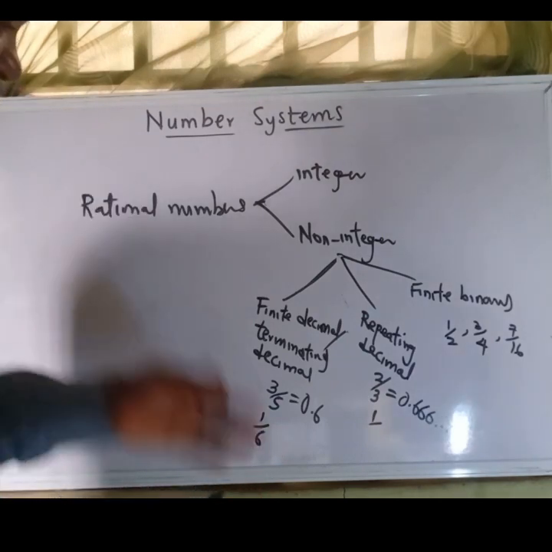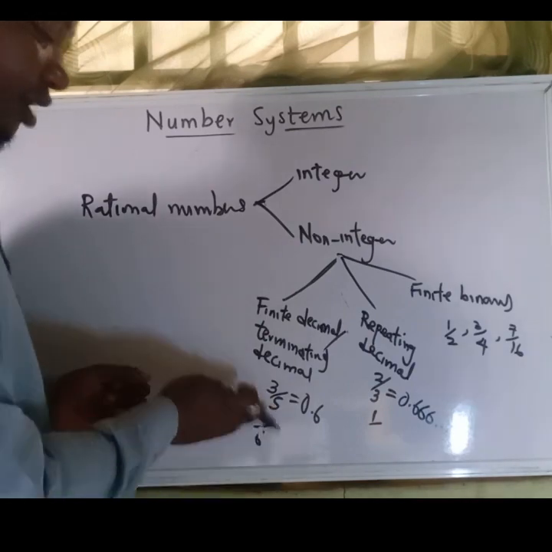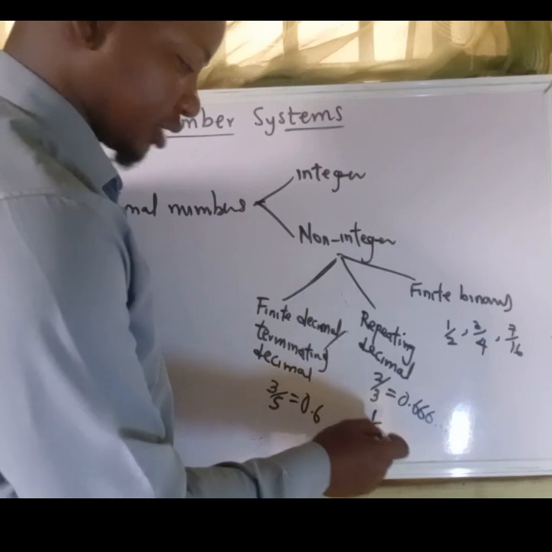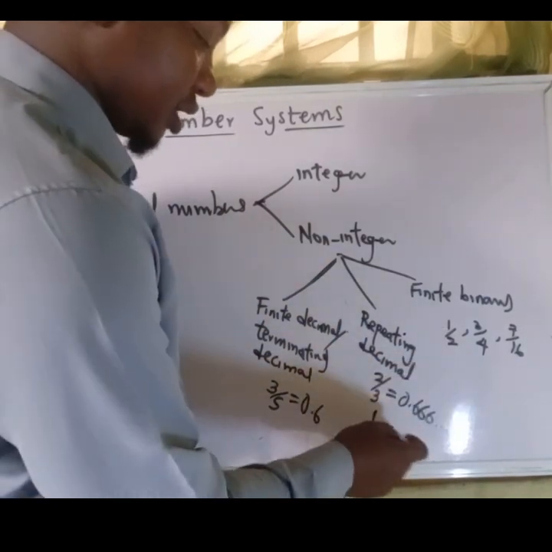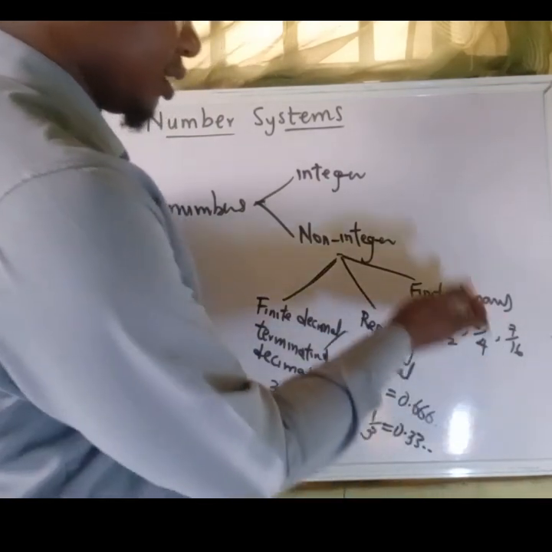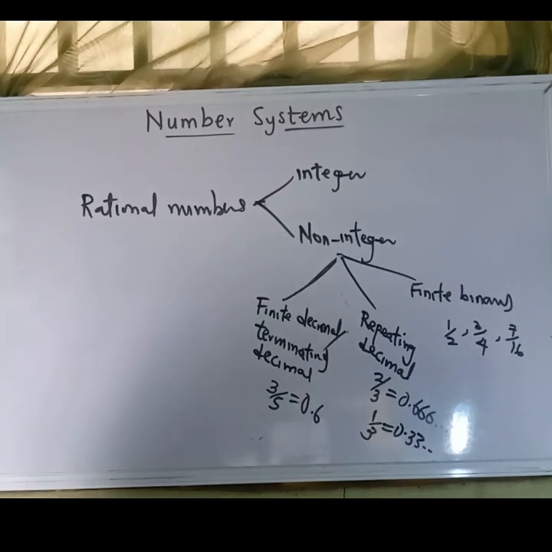So 1 over 6 also gives us a decimal there. You can think of a number 1 over 3 too, which is 0.333 like that. And the binary is the finite binary.